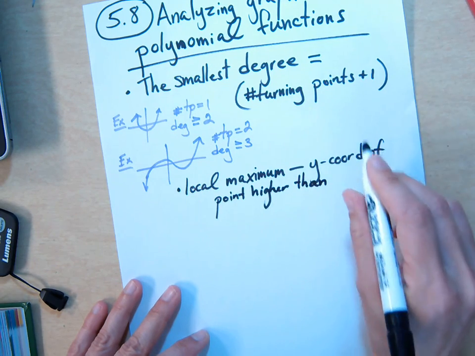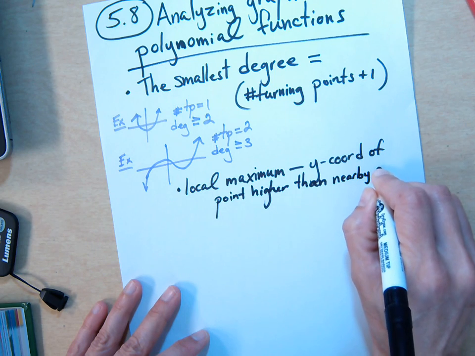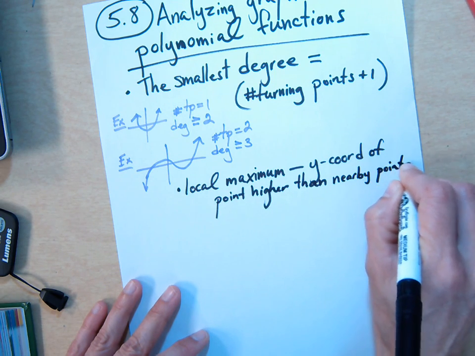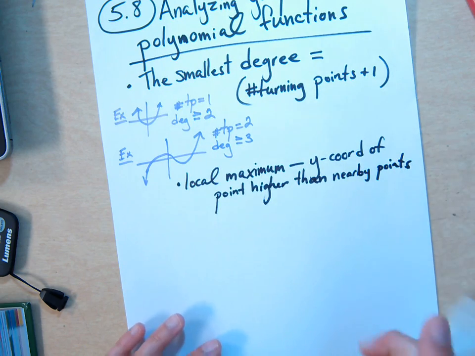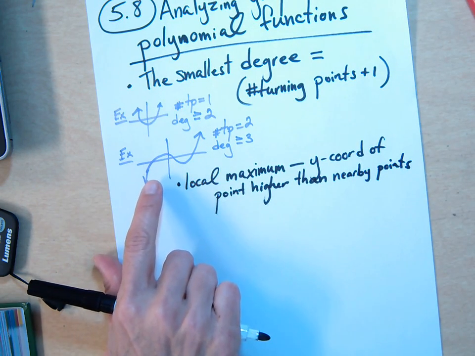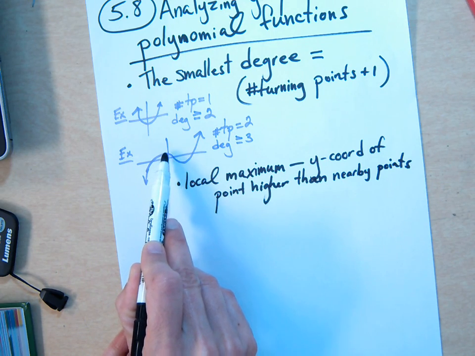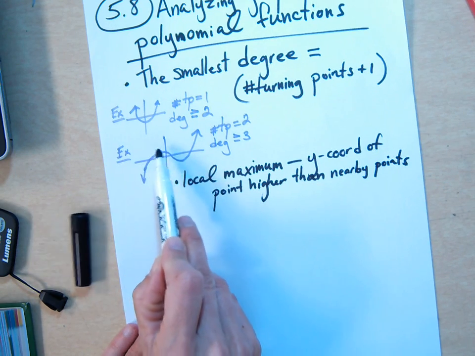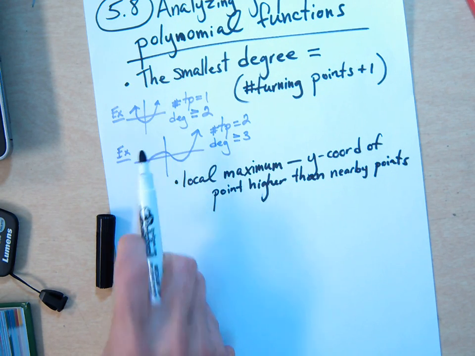Higher than nearby points. That's a local maximum. So in this picture, the local maximum is right here. The highest point in this turn, it's on the turning point.